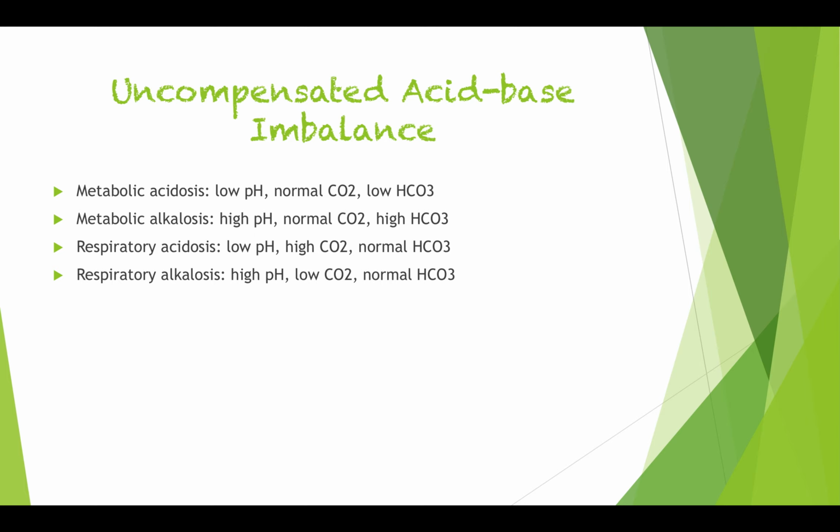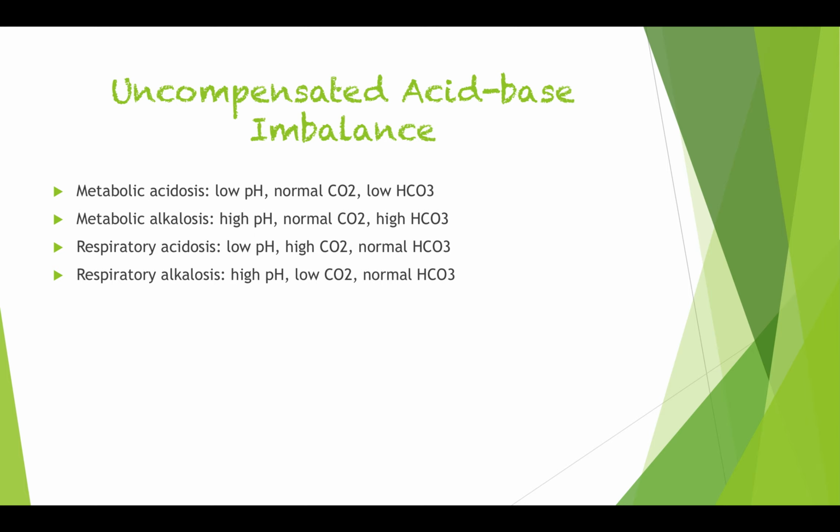The answer is yes. If the carbon dioxide or the bicarbonate is normal, this pushes us to the suspicion that the condition is uncompensated, and then we can use the formulas to reach an accurate value and figure out if the condition is compensated or uncompensated.